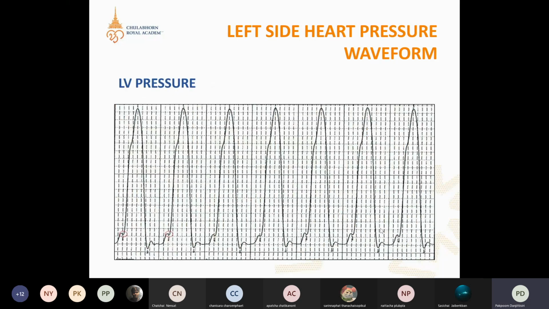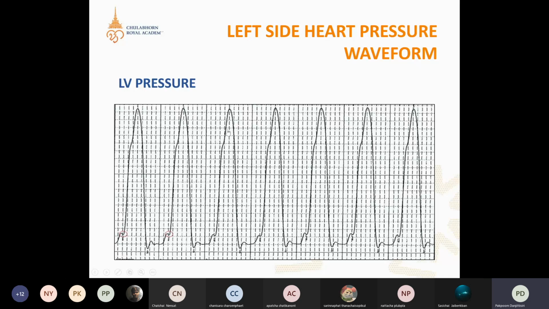The pressure in the LV will be detected, and you see the pressure characteristic like this. As I said earlier, the systolic pressure of the LV will be equal to the aortic pressure, right? This is called the systolic phase.